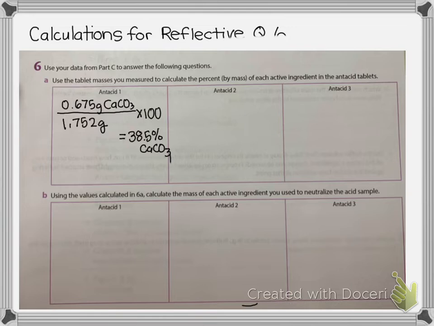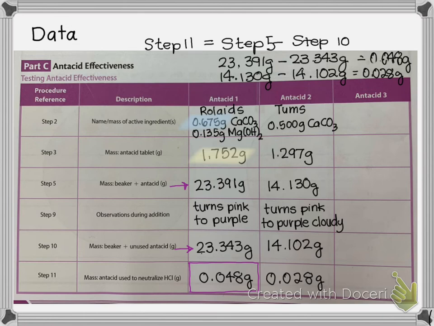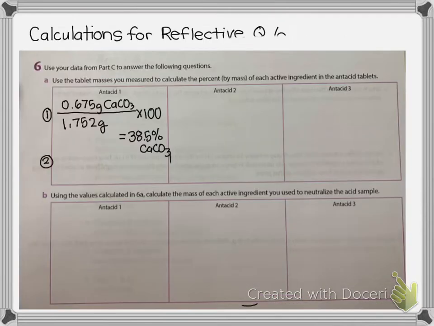But there's two ingredients. So let's do the second ingredient, which is going to be the magnesium hydroxide. So this time we're going to put this number, the 0.135, over the total tablet. So in both of these cases, the bottom number is going to be the same.